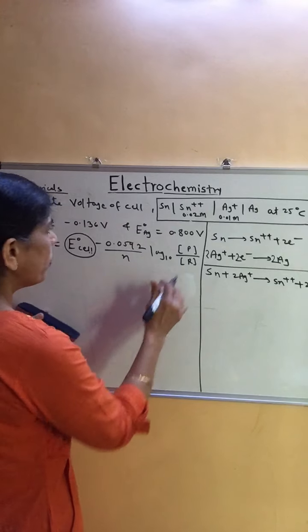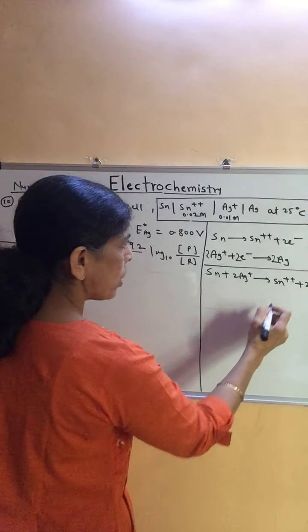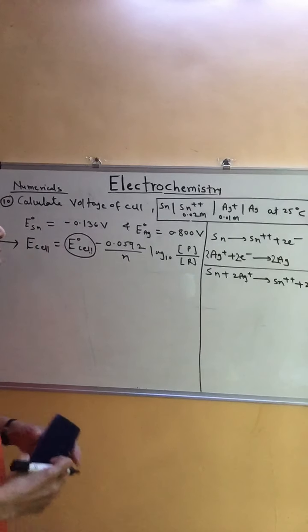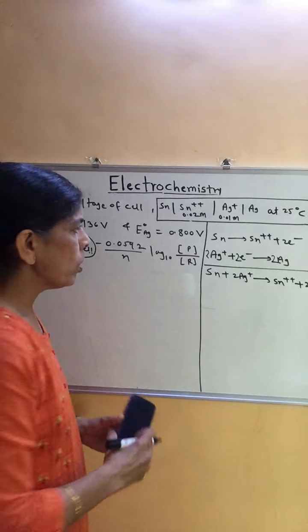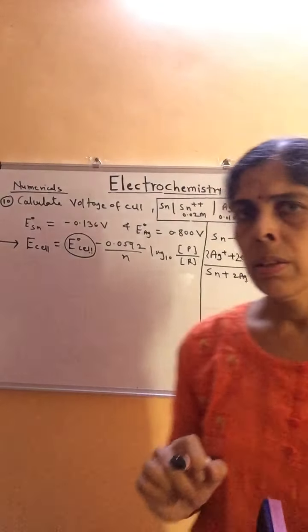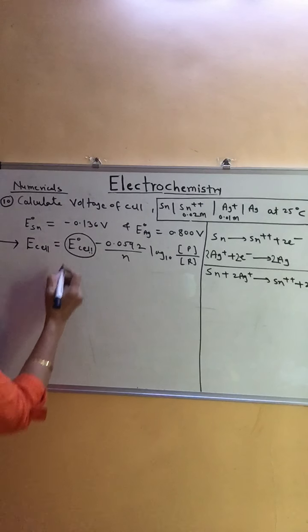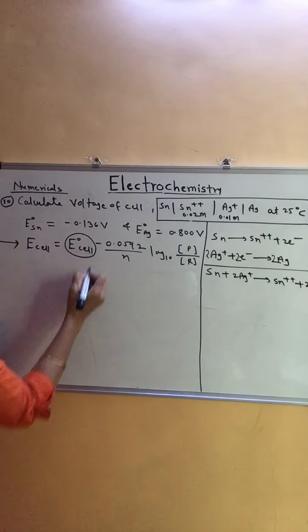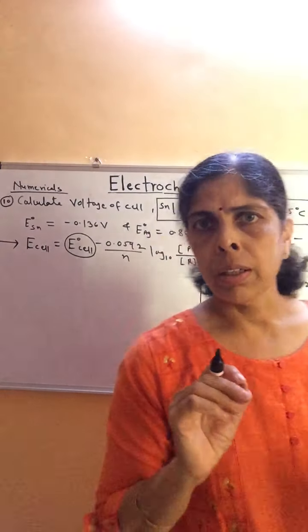The products will be the Sn2+ concentration, upon the reactants, the Ag+ ion concentration, and the concentrations of the solids Ag and Sn will be unity. Now what else is to be determined? We have to determine E naught cell also, because E naught cell is not given.